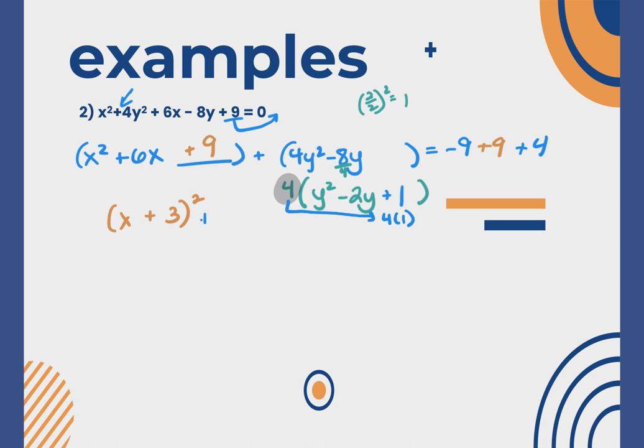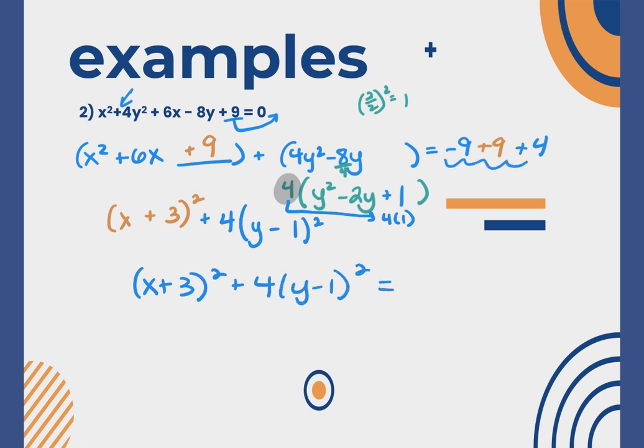So this is plus 4, the square root of the y squared, which is y, the square root of the 1, which is 1, the sign from the negative 2, which is minus, in parentheses and squared. I'm just going to rewrite it down here so it's neater. And it equals negative 9 plus 9 plus 4, which is 4.